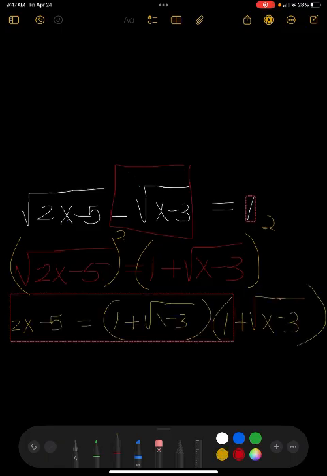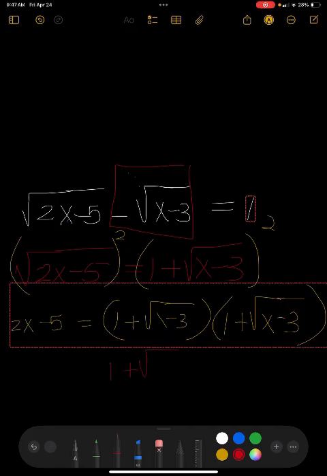All right, so fronts, that's going to be 1, outsides, plus square root of x minus 3. And then we have another one, plus square root of x minus 3. And then on the ends, square root of x minus 3 times square root of x minus 3. So these two things, when we multiply them times themselves, it's just going to be plus x minus 3.